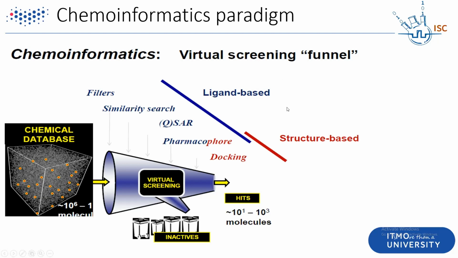You could also see that the fast chemoinformatics methods are dealing with the ligand, and the slow chemoinformatics methods are dealing with the complexes, usually the whole complexes analyzed.